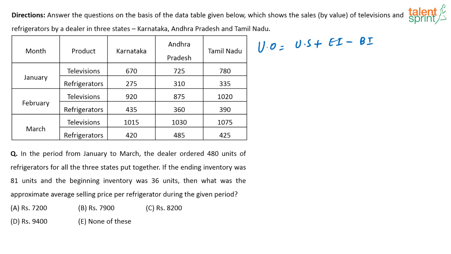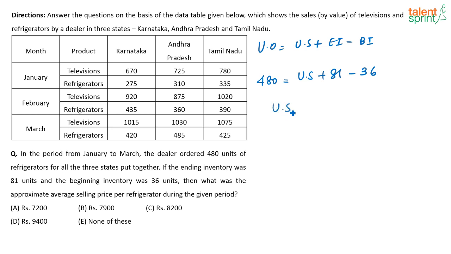In the period from January to March, the dealer ordered 480 units of refrigerators from all the 3 states put together. So 480 he has ordered, and the ending inventory was 81. Units ordered is equal to units sold plus the ending inventory, 81, minus the beginning inventory, 36.